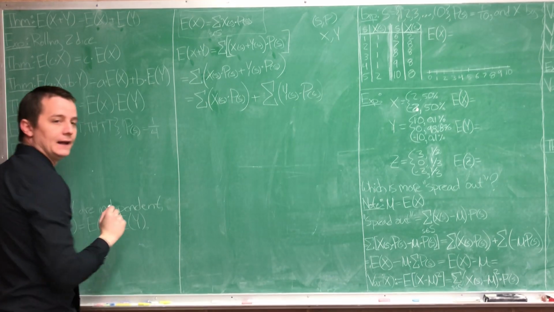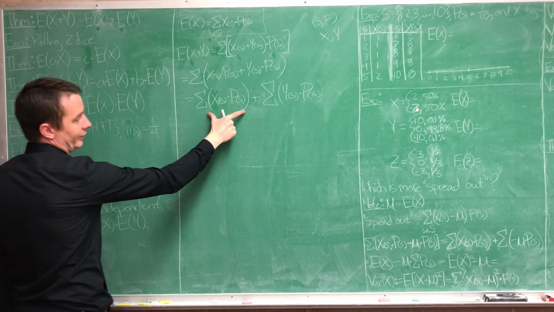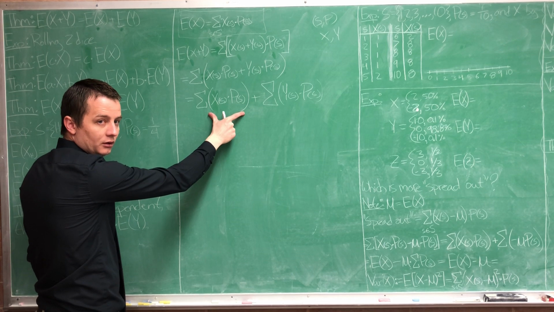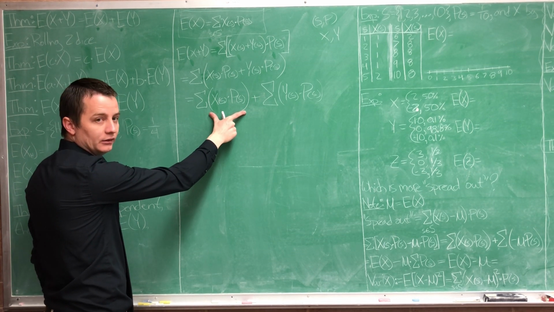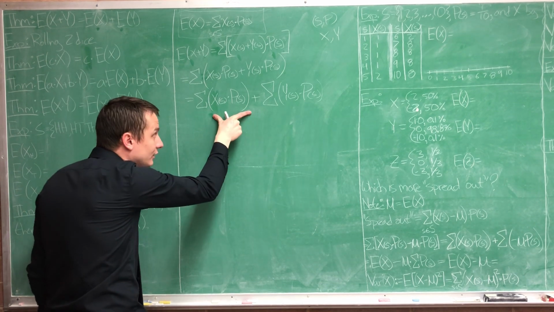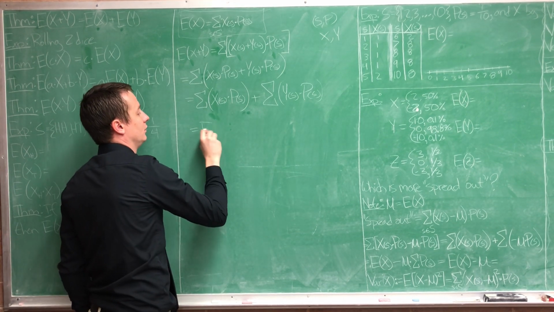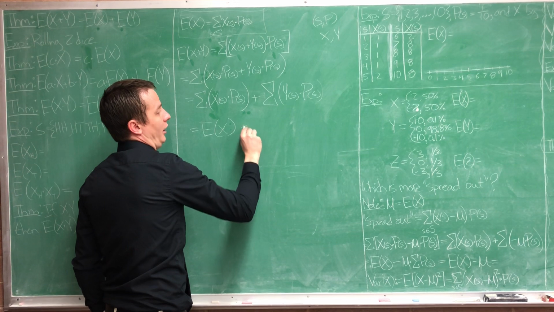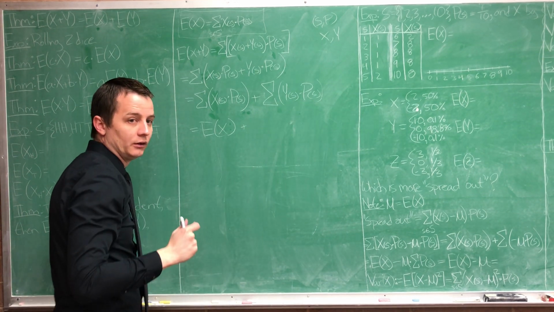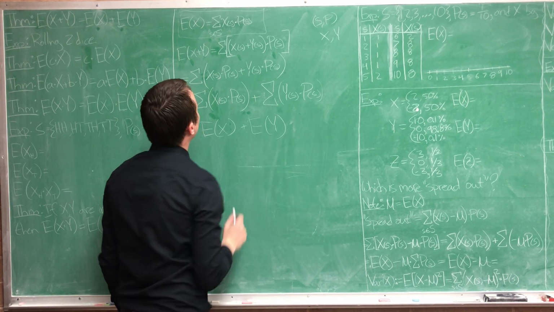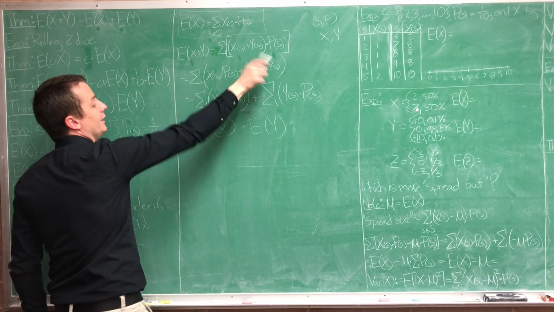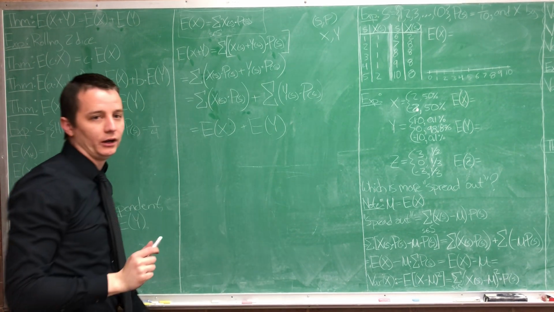With me? And then what is this the definition of? The expected value of x. And what is this the definition of? The expected value of y. And so we just showed that the expected value of x plus y is equal to the expected value of x plus the expected value of y.